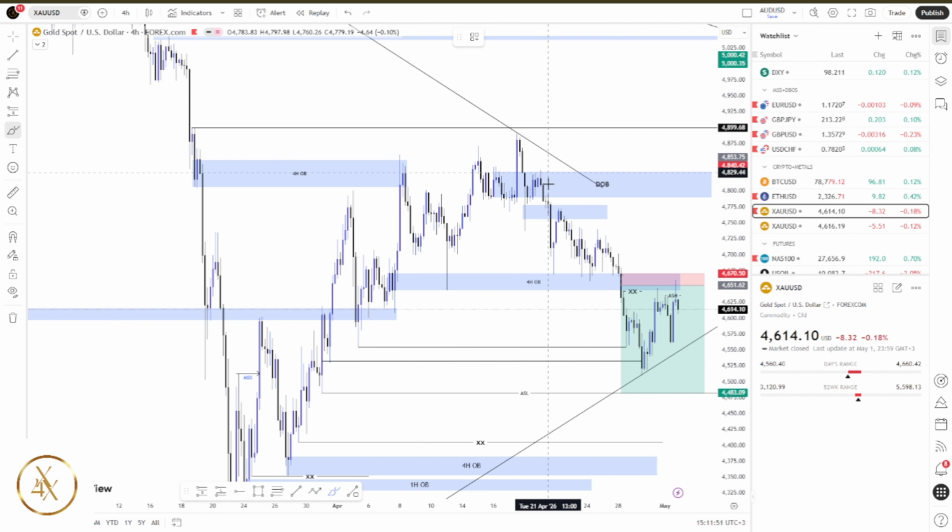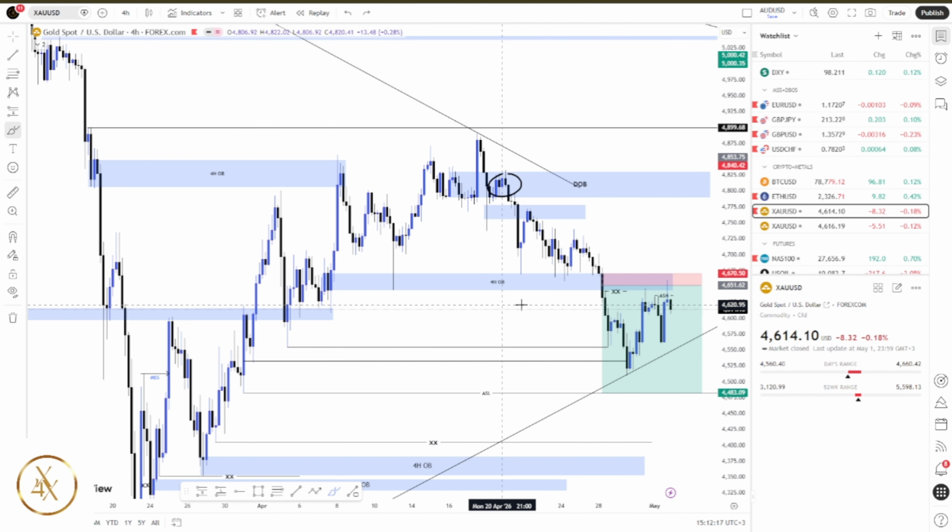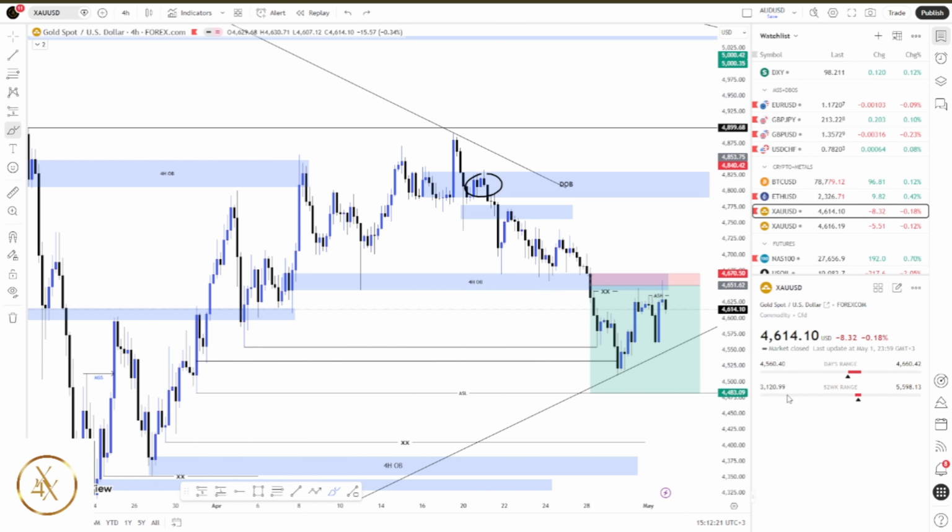Our point of interest. That 4 hour order block becomes our point of interest on a big time frame. And when I break it down to the 15, either the 30 or the 15, let me try and be precise with that. It's either on the 30 or the 15.